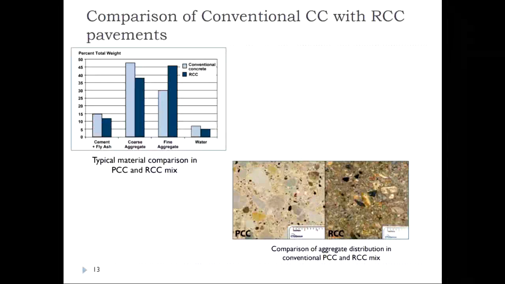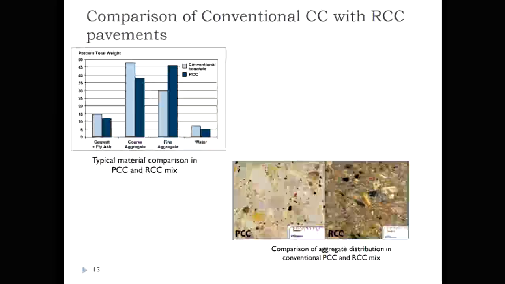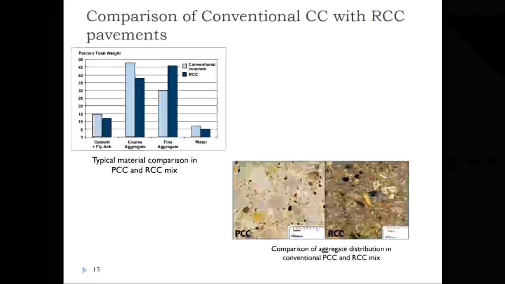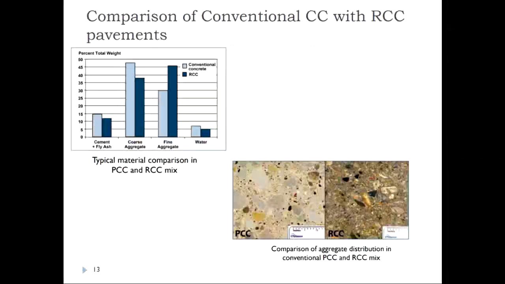Now, this is with respect to the total weight. You can see the cement content utilization in the case of roller compacted concrete pavement is slightly lesser when compared to the conventional concrete. In conventional concrete pavement, the main strength is mobilized by the hydration compounds of the cement paste.